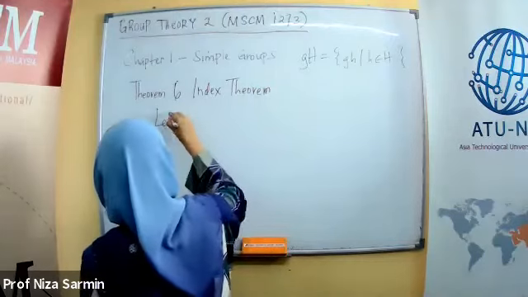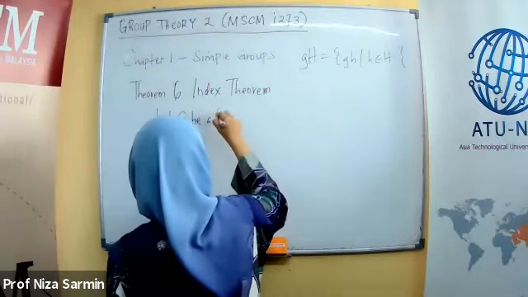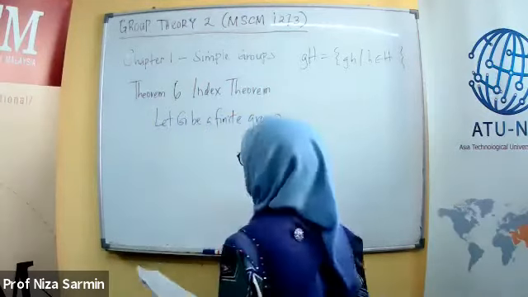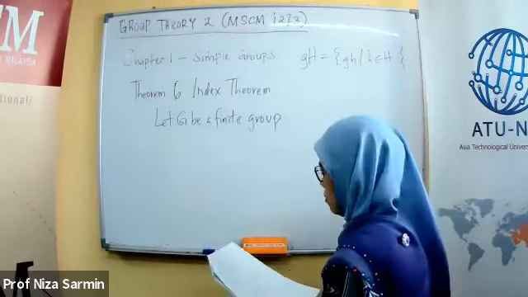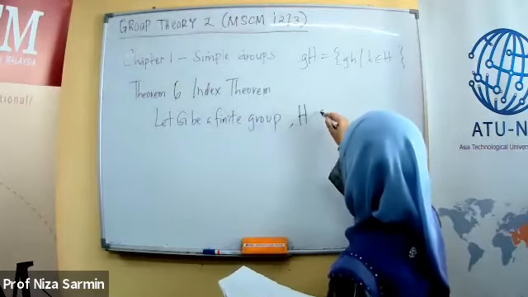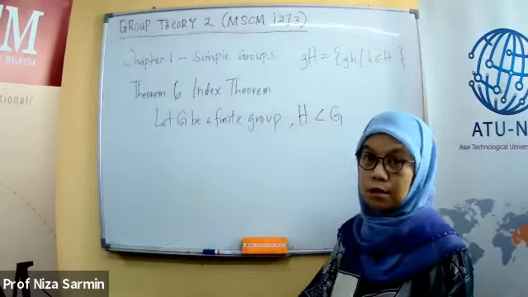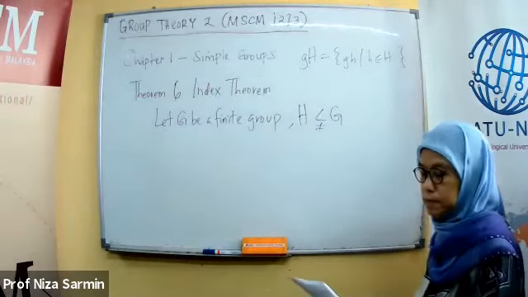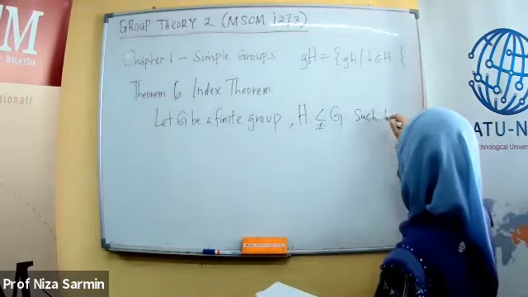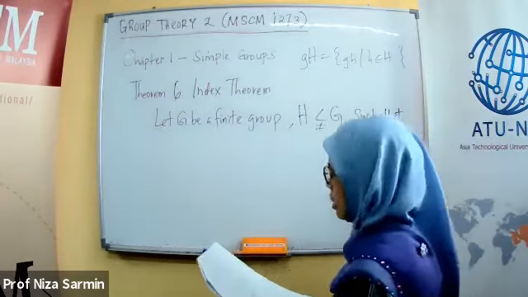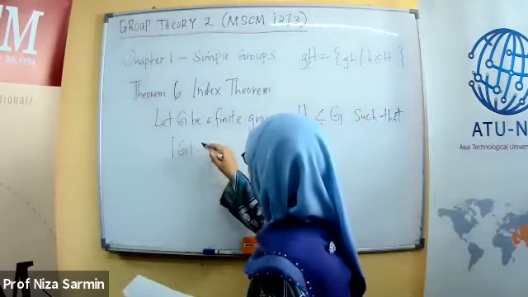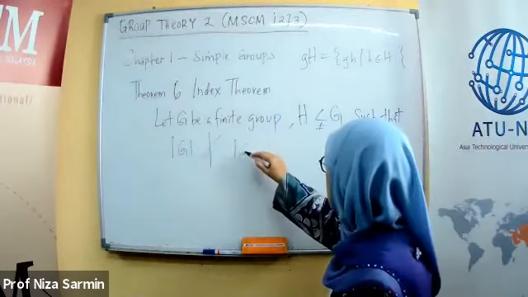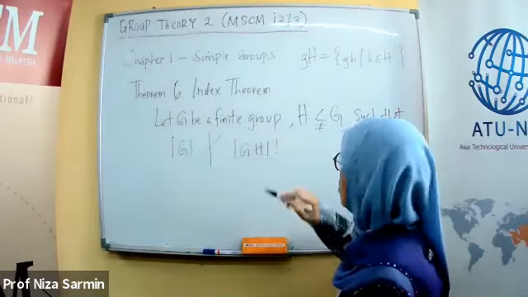Let G be a finite group, so the order is less than infinity. H is a proper subgroup of G, such that the order of G does not divide the index of H in G factorial.